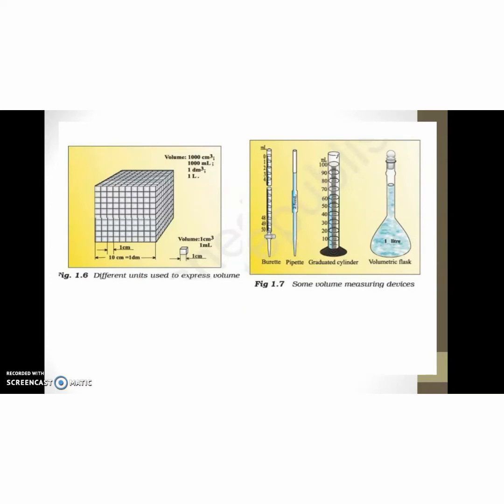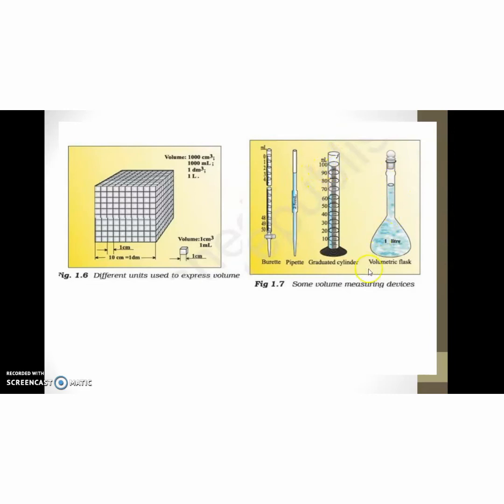We can express volume in decimeter cube, centimeter cube, milliliter, liter, etc. We usually measure volume with various kinds of devices. First device is the burette. We can see it in the laboratory. And this one is the pipette. This is a graduated cylinder which is measured in terms of ml.